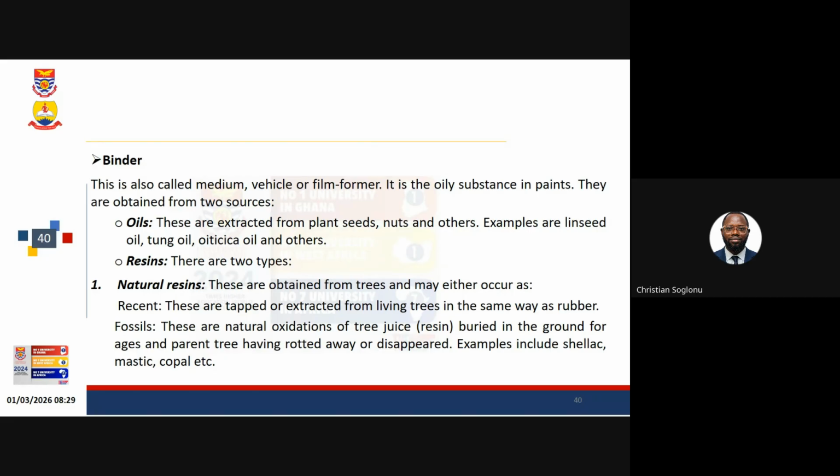And fossil resins are the natural oxidation of tree juice, buried in the ground for ages, the parent tree having rotted away or disappeared. Examples include shellac, mastic, or copal, etc.